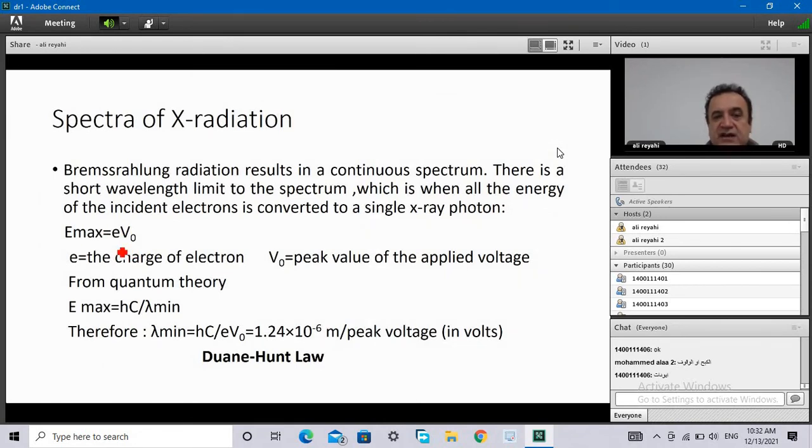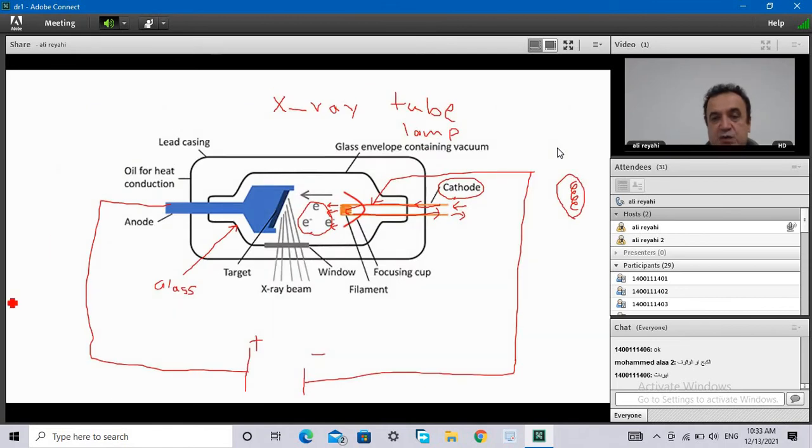So, the maximum energy of electrons, you know, is equal to eV0, where e is the charge of the electron, and V0 is the peak voltage of the applied voltage. I tell you, please notice, this is a question of my examination, so it is very simple.